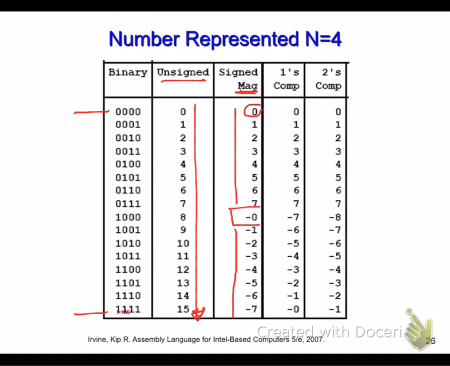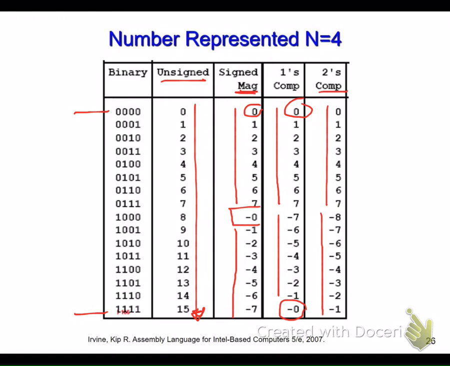With the 1's complement, I will have 0 all the way to 7, and then from minus 7 to here, but I have again the problem of 0 and minus 0. With the 2's complement, I will have 0 all the way to 7, and here minus 8 all the way to minus 1, so I don't have the problem of two representations of 0.